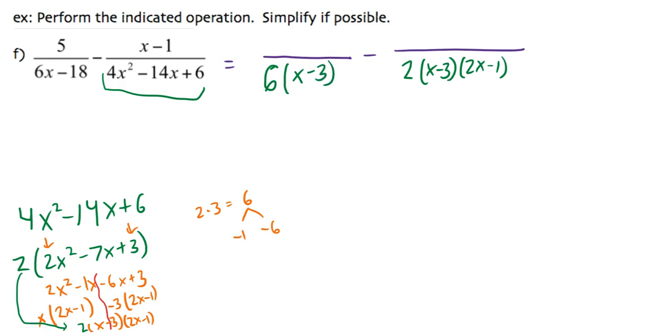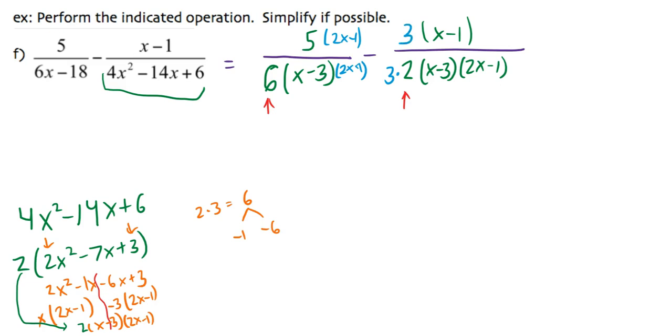I can take a 6 out. That's my GCF. This is a subtraction problem, so I'm doing this all because my goal is to have a common denominator. I need a 2x minus 1 in this one. And then I have a 2 here. I have a 6 here. Rather than multiply this one by 2 and this one by 6, that I could do, it would just be a little excessive. Instead, I'm just going to do times 3 here.